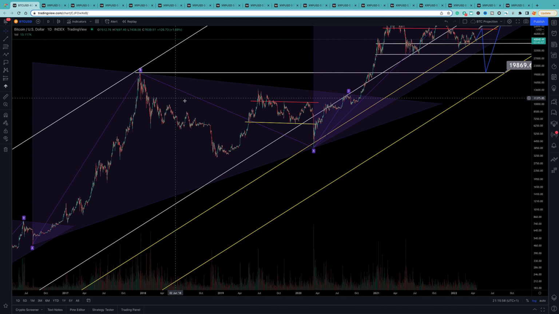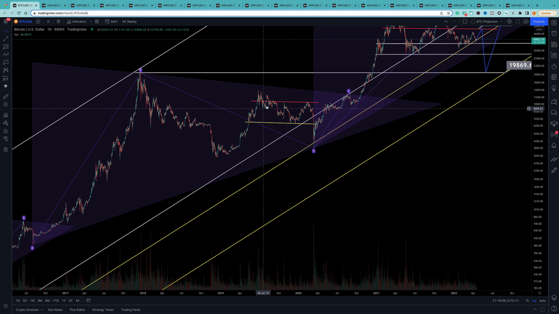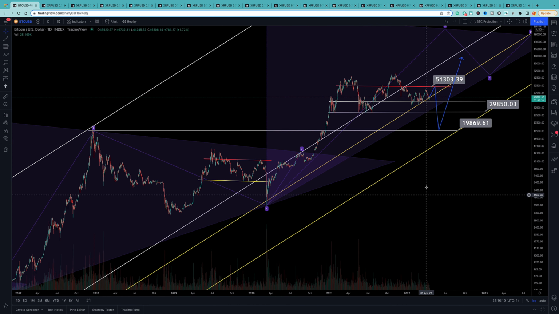Here, $62. And again you can see the three bottoms, and then up it comes, touches it one last time. Look, there's support here, here's resistance, and then down it comes.